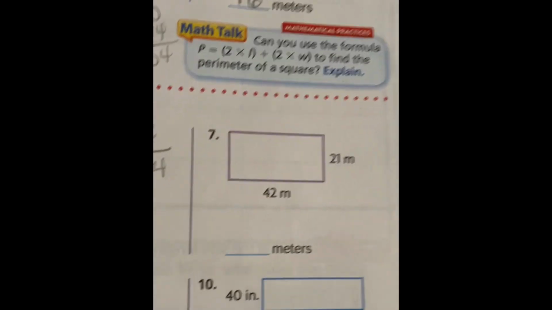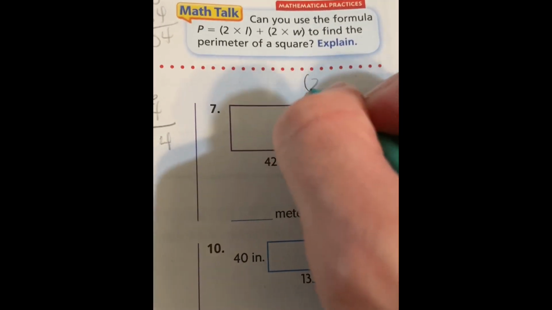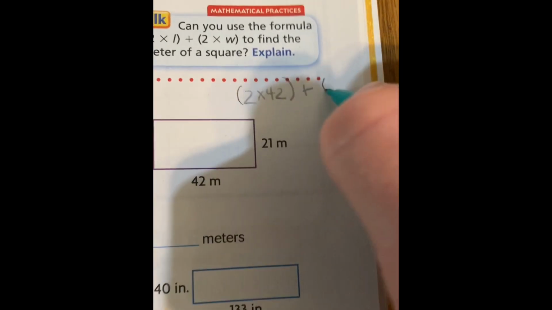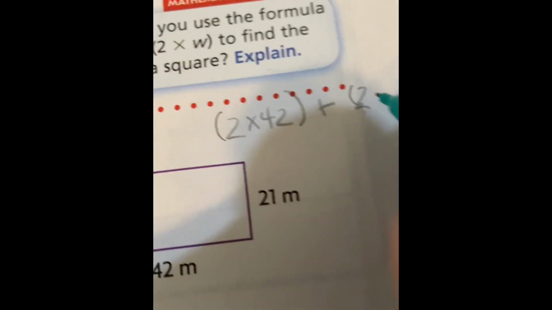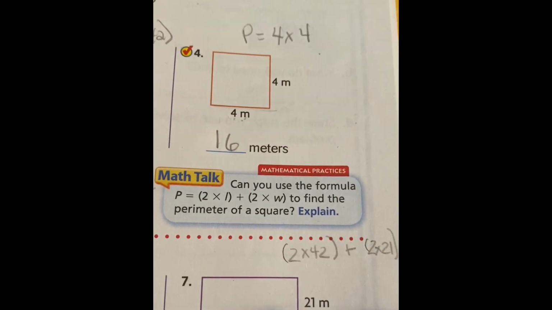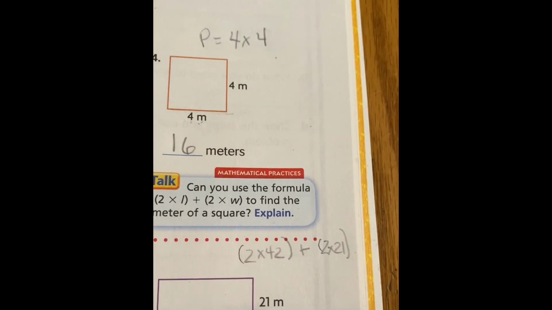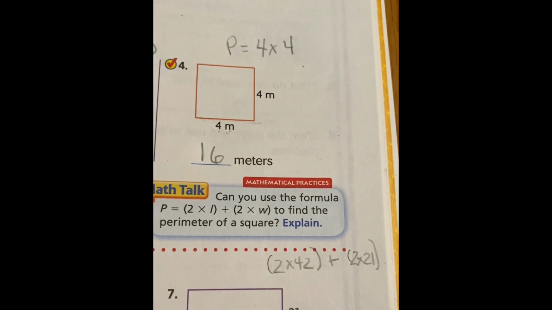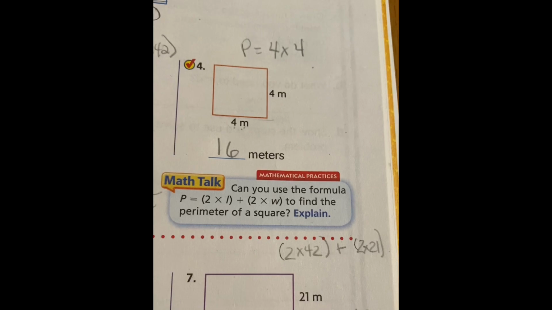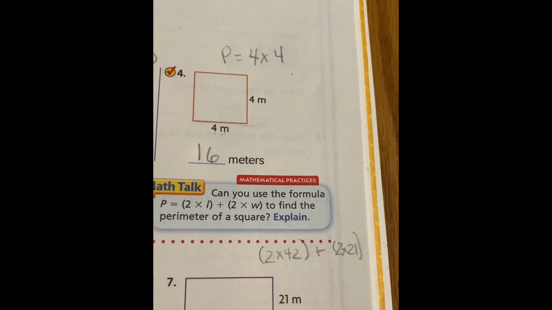Number 7, 2 times 42 plus 2 times 21. So 84 plus 42 equals 126 meters.